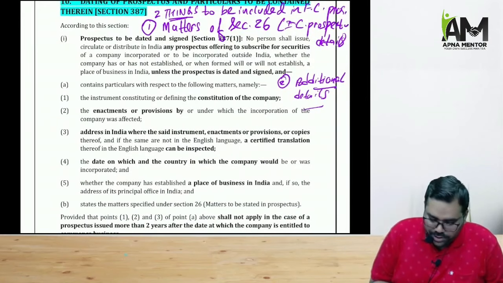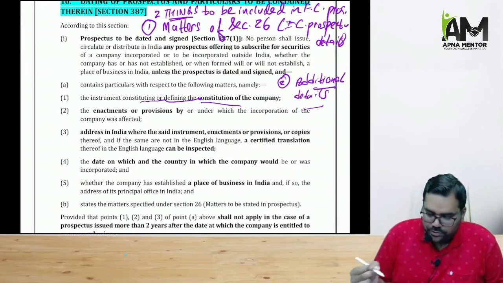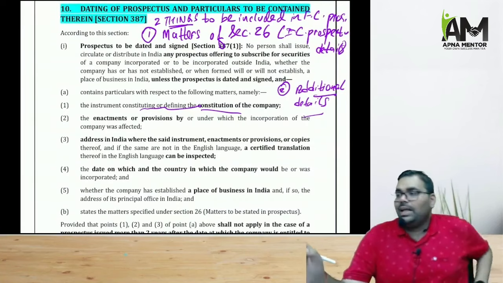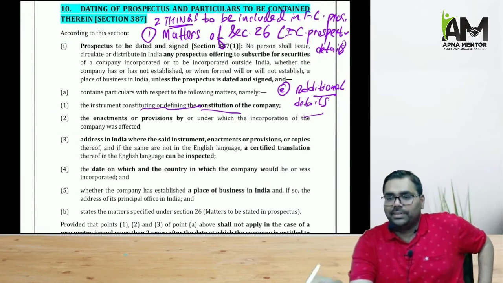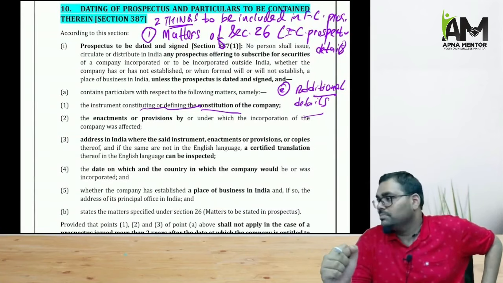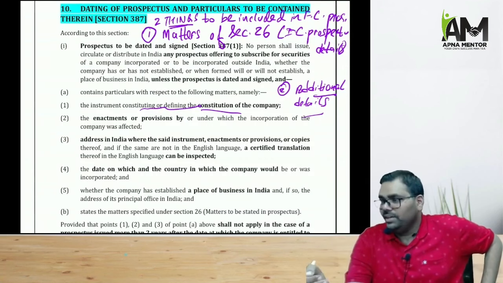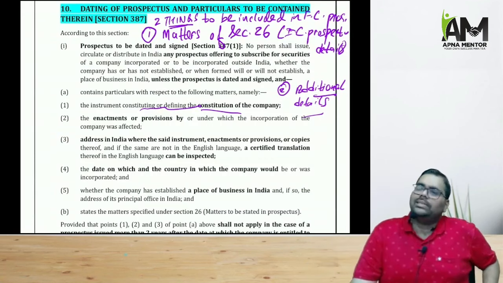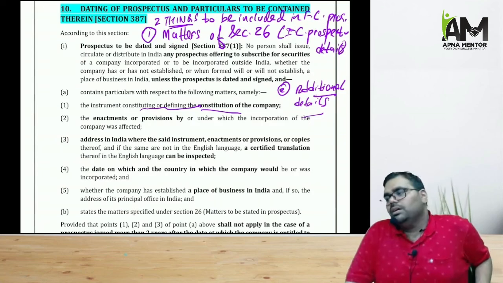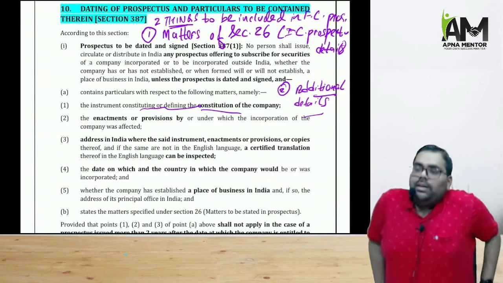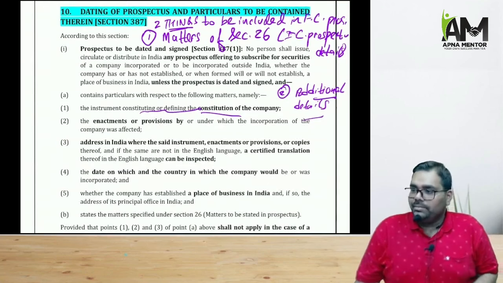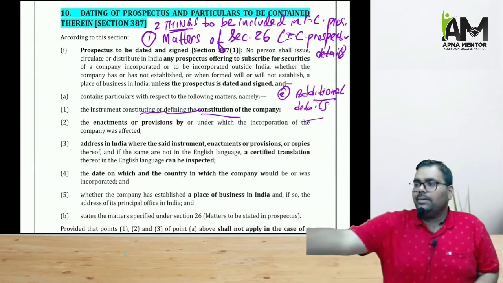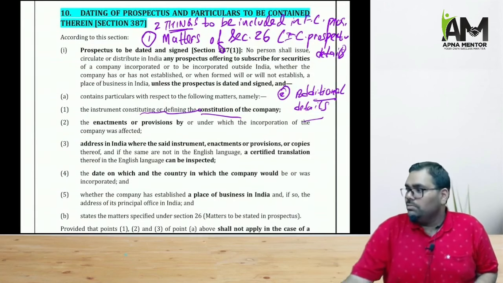The instrument constituting or defining the constitution of the company. For example, our company is registered under Companies Act 2013. In our country, companies are either registered under Companies Act 2013 or maybe Companies Act 1956 or maybe Companies Act 1913, but maybe that is a UK based company and maybe the company is constituted under some UK law.